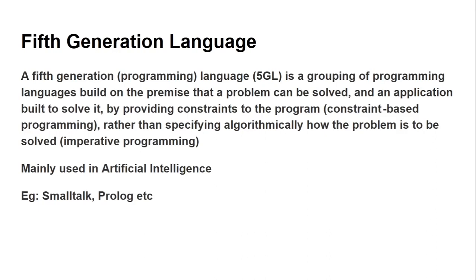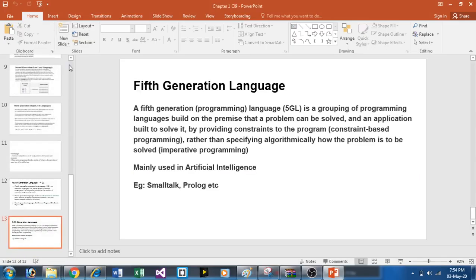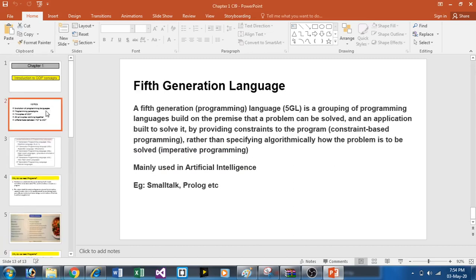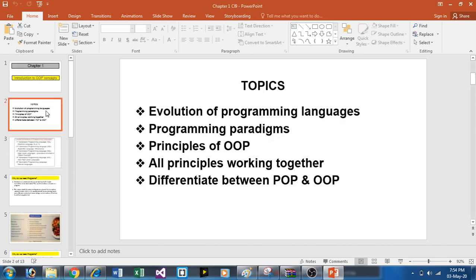In the next video I'll be discussing programming paradigms, and then I'll slightly touch upon object oriented programming. So you can read your book, and I'll be explaining these topics. Okay, thank you.